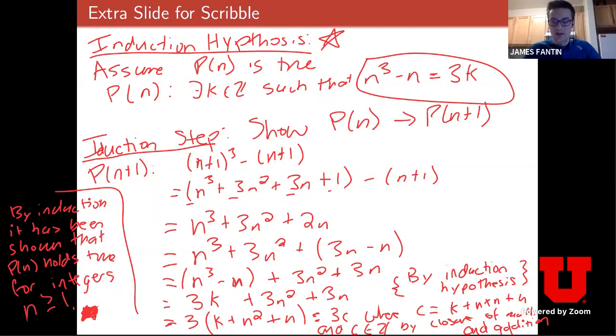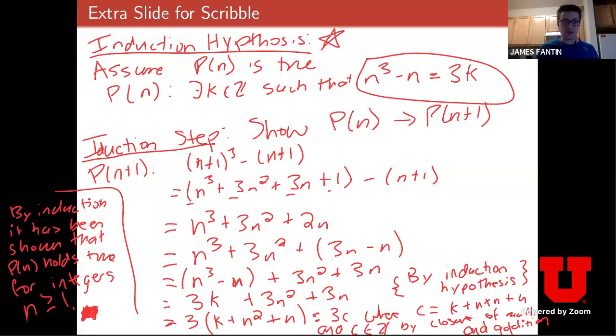There's a question in chat. For this question, would it have been correct to prove P of n plus 1 is equal to n cubed minus n, or just 3k? It would not have been correct to prove that it's equal to n cubed minus n, because we wouldn't be able to conclude anywhere that this is equal to some n cubed minus n in our proof statement.